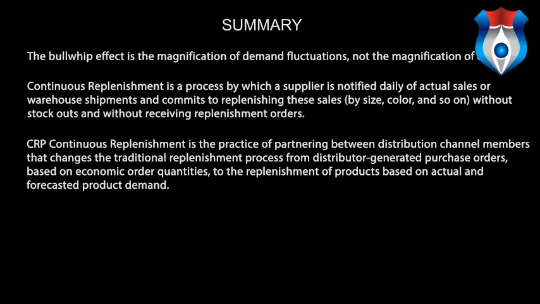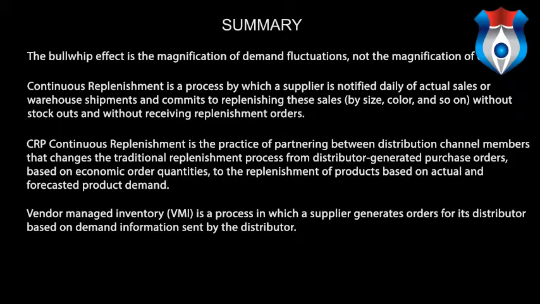CRP, continuous replenishment, is the practice of partnering between distribution channel members that changes the traditional replenishment process from distributor-generated purchase orders based on economic order quantities to the replenishment of products based on actual and forecasted product demand.